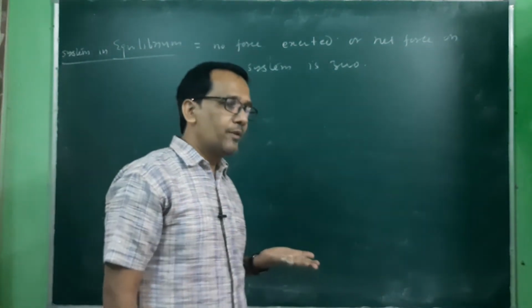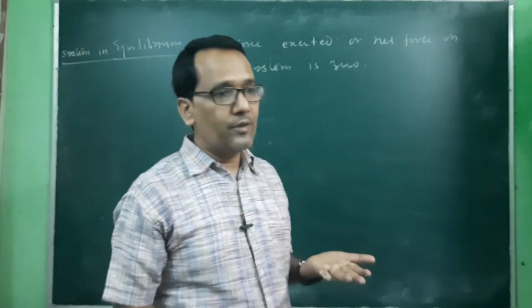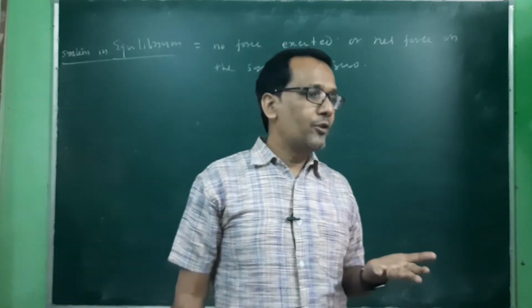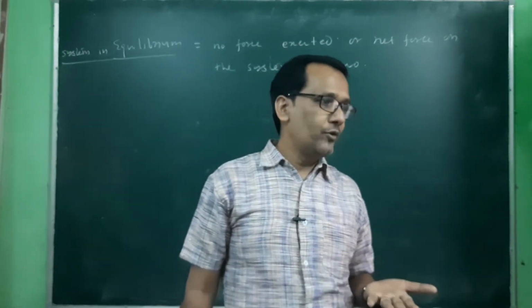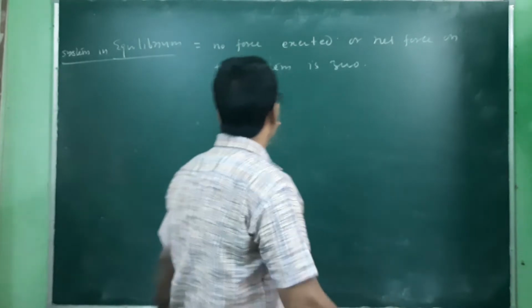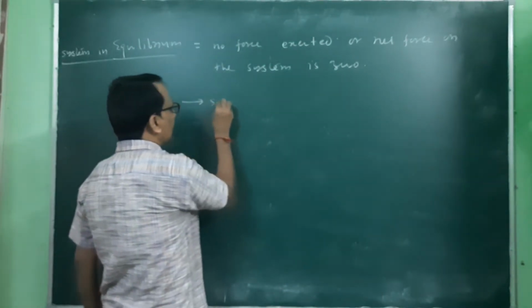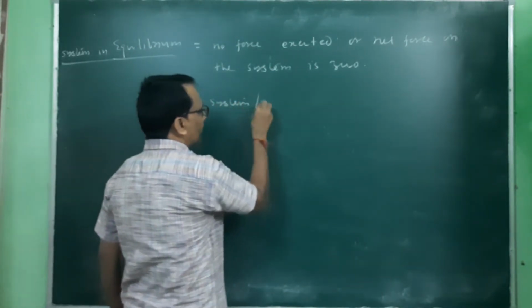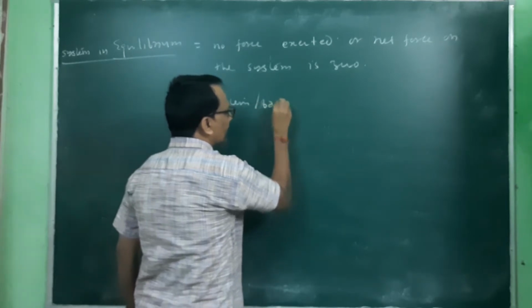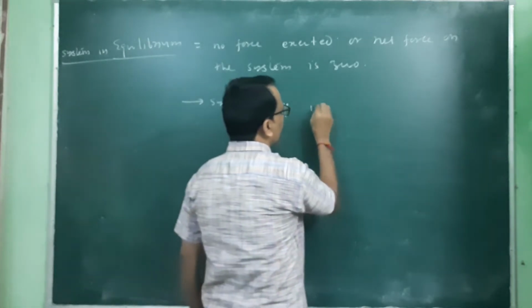Net force on the system is zero means, by using the first law of motion, if there is no net force applied, then that body or system is at rest.